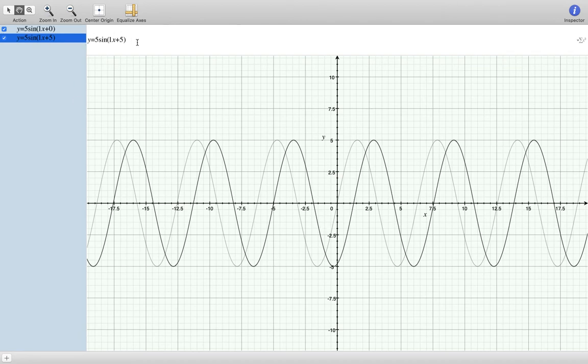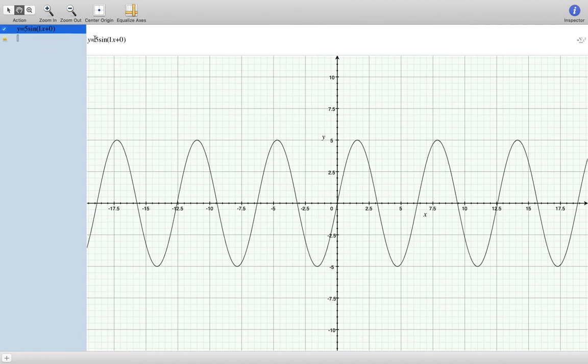Okay, so now let me go and demonstrate a sine and a cosine wave, because a lot of times we think, okay, why are we just using a sine wave? Why not a cosine wave? So this is my sine wave, y equals 5 sine x, and I'm going to have a cosine wave as well.